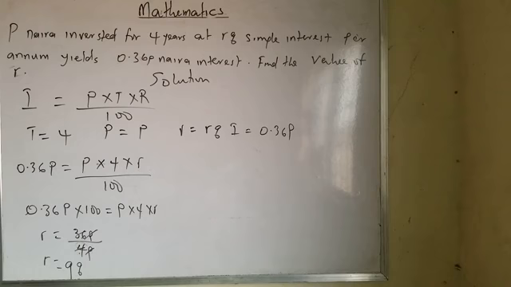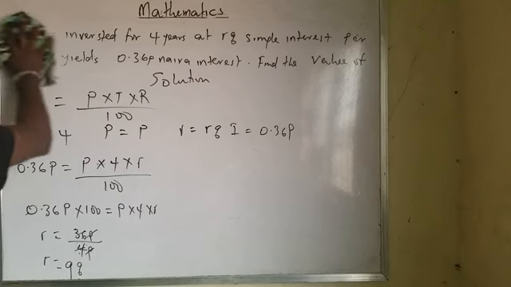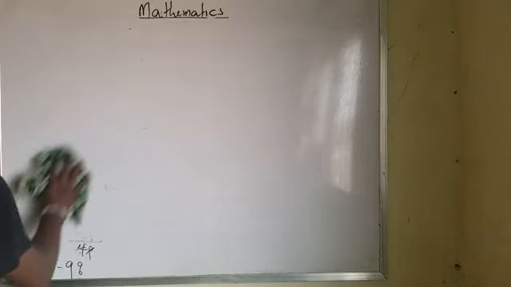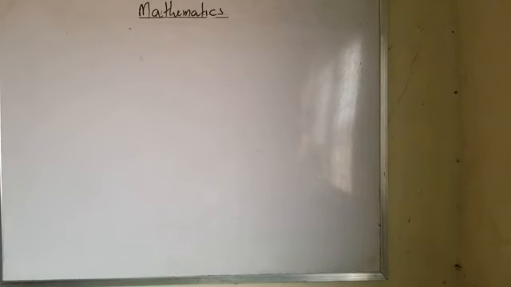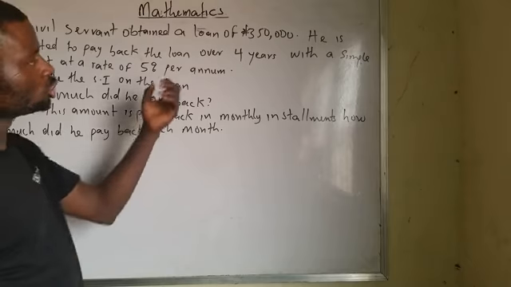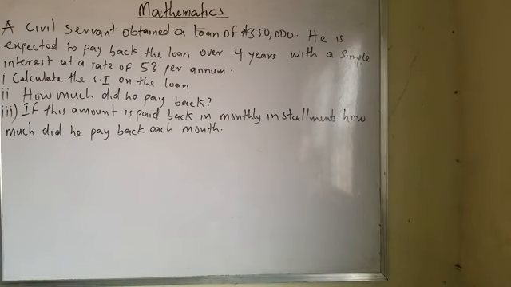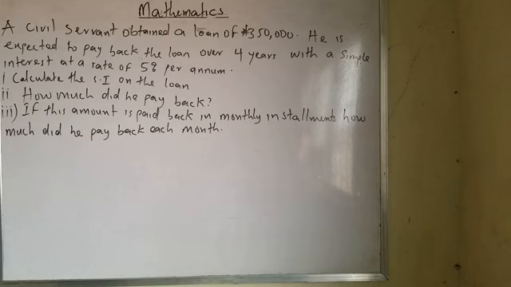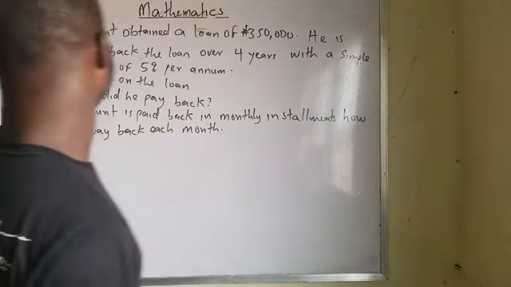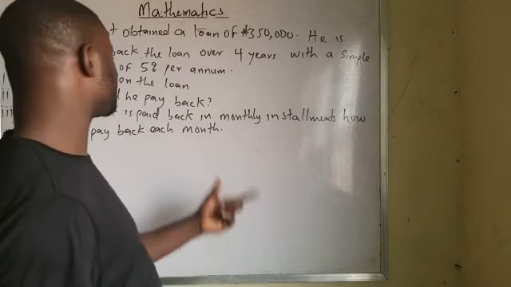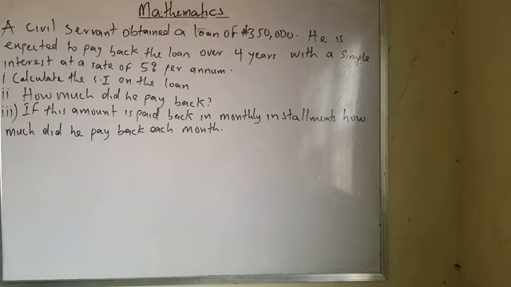Before I end this part, let me give one more word problem that will really help us to understand compound amount and simple interest very well. Look at this question. A civil servant obtained a loan of 350,000 naira. He is expected to pay back the loan over 4 years with a simple interest at a rate of 5% per annum. 1.